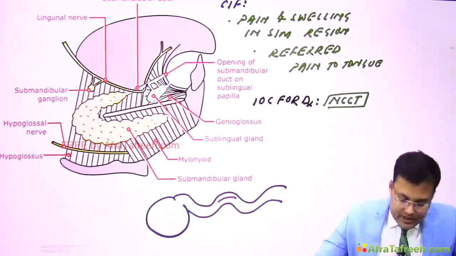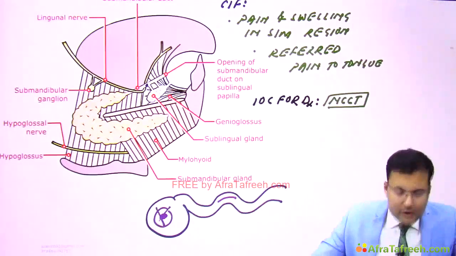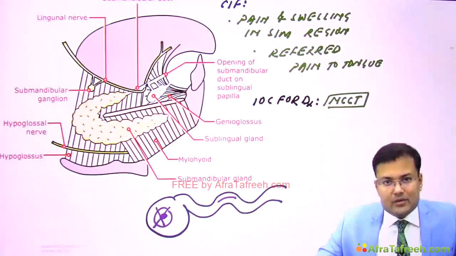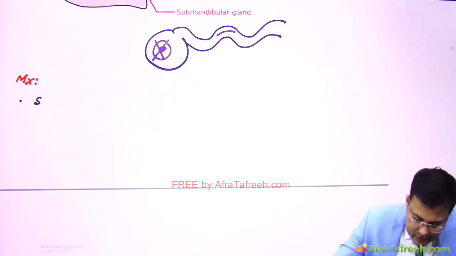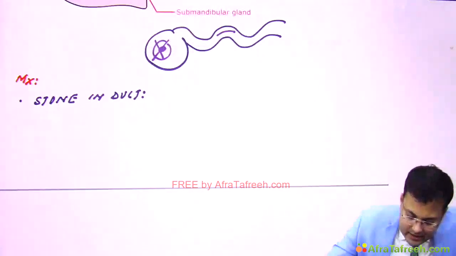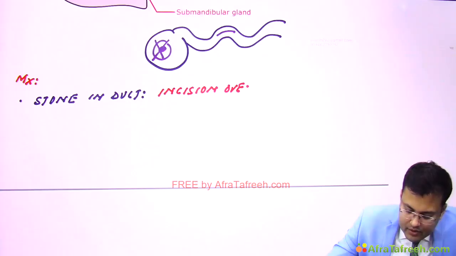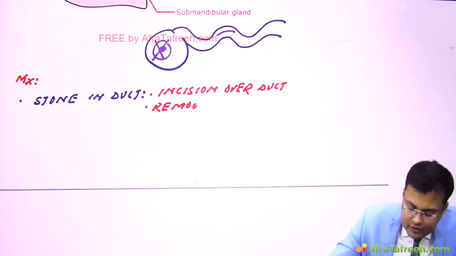And if the patient has a stone in the gland, in that case what do we go for? We go for excision of the gland. So see the management. When the stone is in the duct, we give an incision over the duct and remove the stone.